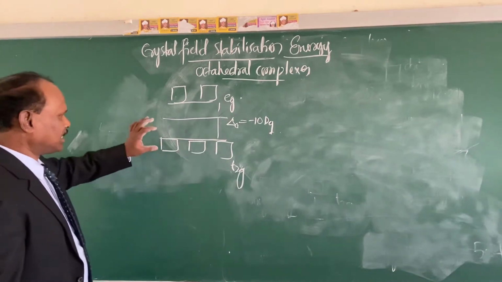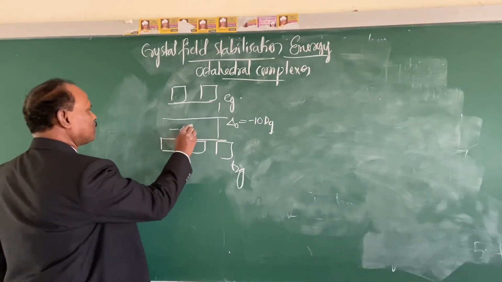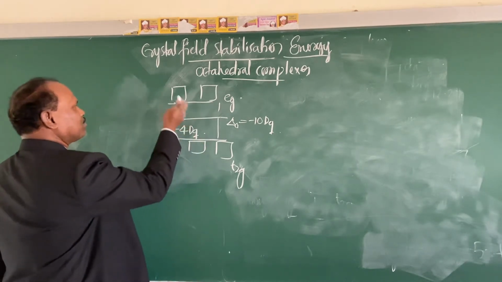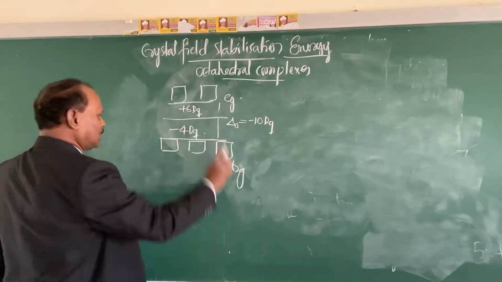If I place the electron in t2g, the energy is minus 4 Dq. And if I place one electron in the eg orbital, it will be plus 6 Dq energy.